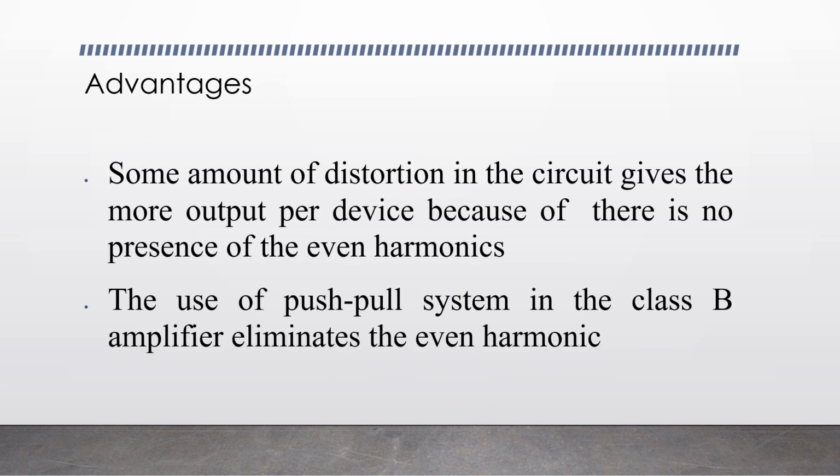Now let us see the advantages. Some amount of distortion in the circuit gives more output per device because there is no presence of even harmonics. The use of a push-pull system in Class B amplifier eliminates the even harmonics.